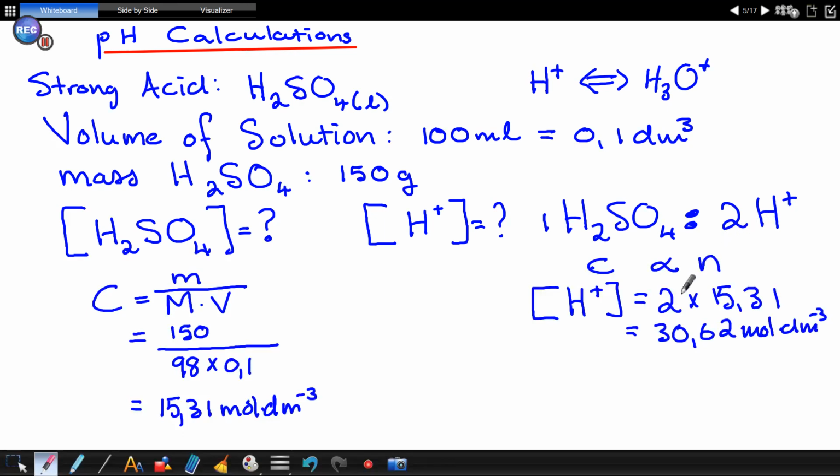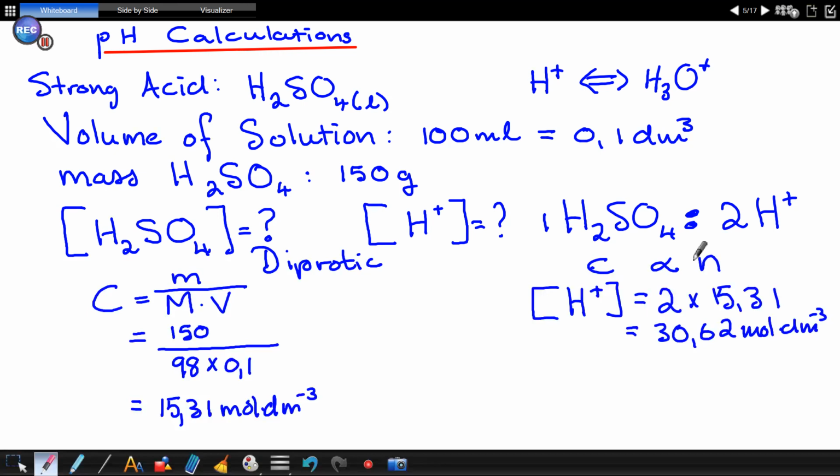Why is it 1 to 2? Because it is diprotic. The sulfuric acid has 2 protons to give. Ma'am, isn't it going to be 2 also for the sulfuric acid because it's H2? No, 1 sulfuric acid has 2 hydrogen ions to give.